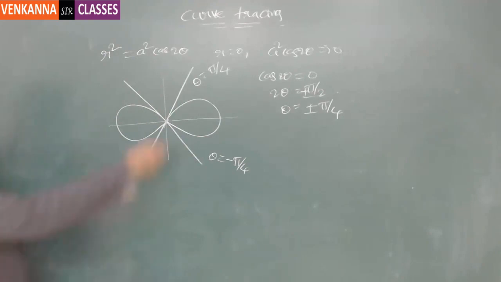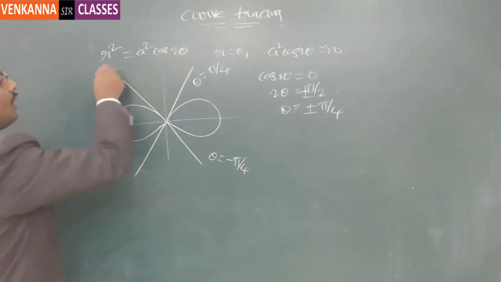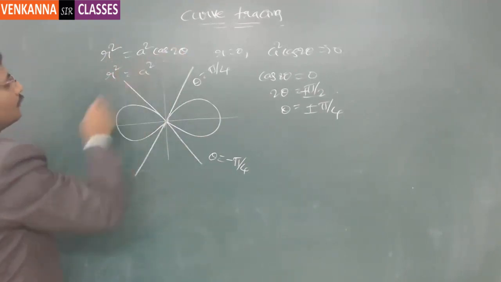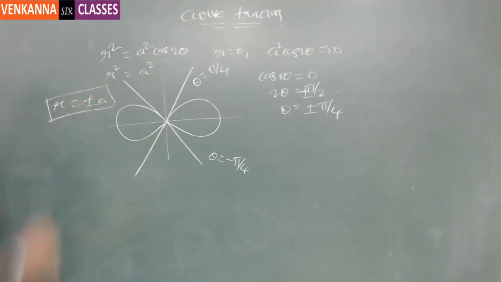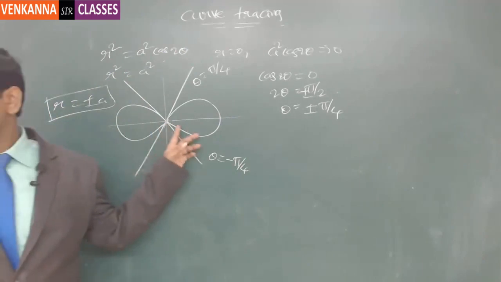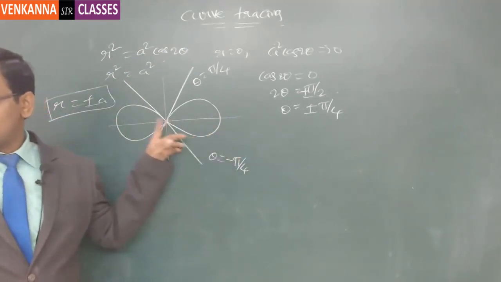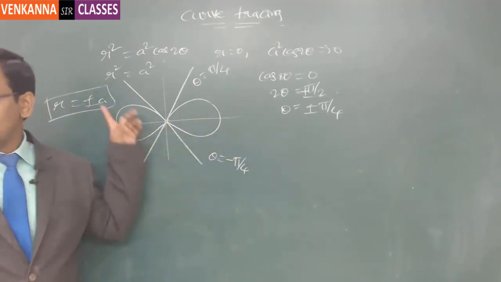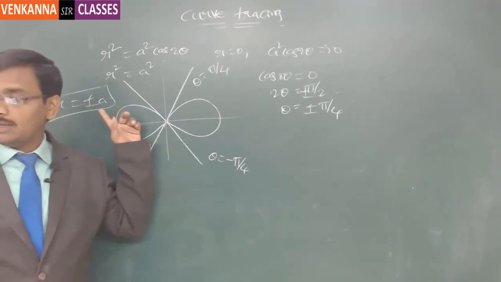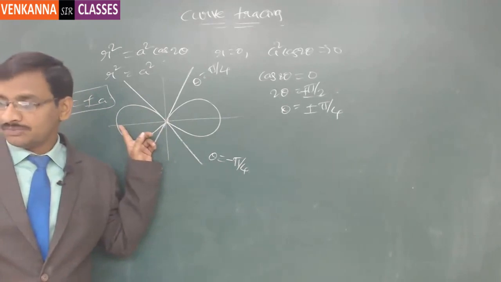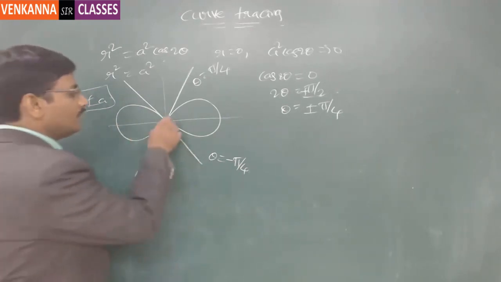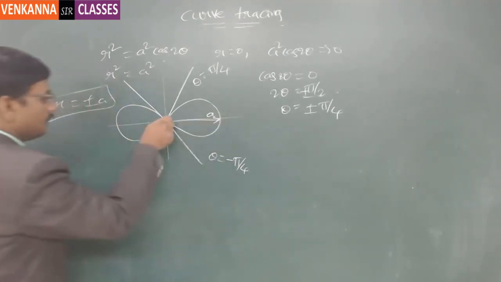Now, if you take theta is equal to 0, then r square is equal to a square. So r is equal to plus or minus a. Now here, see this. This value on the right side and this value on the left side, the modulus value of this will be a. The radius length is a, but in the opposite direction. Got it? So this value is a, and this value is also a.